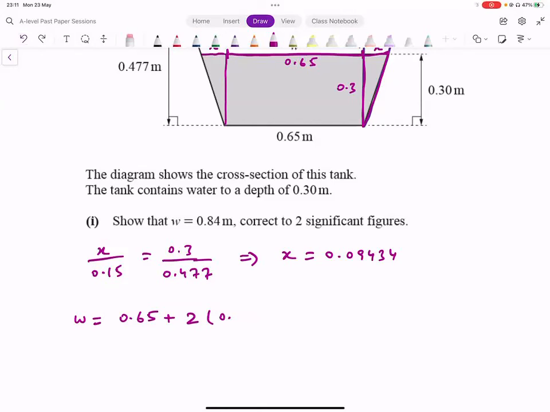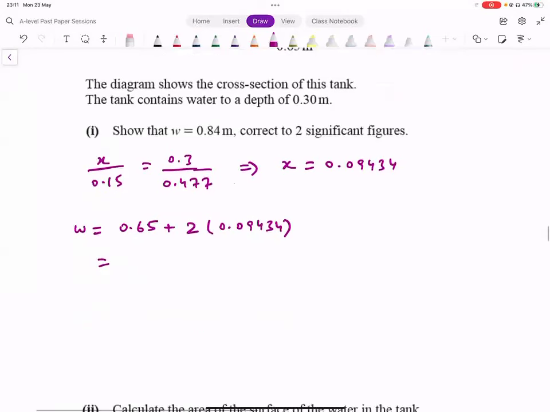And you see what you get from this, 0.65 plus 2 into 0.09434, and that gives me 0.8387. If I were to write it to two significant figures, that's going to be 0.84, and that's what we had to prove there. That's the value of W.